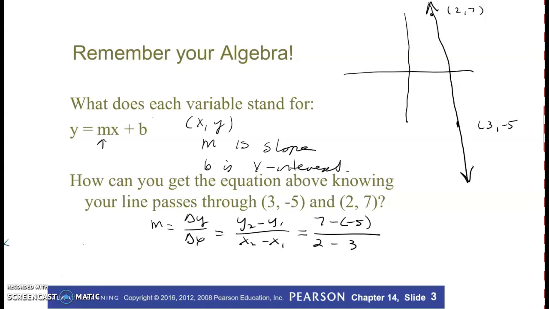So since I started with the 7, I need to start with the 2. If I decided to do -5 minus 7, then in the denominator, I would have to do 3 minus 2. Again, you just need that consistency. So 7 minus -5, 7 plus 5 is 12, and of course 2 minus 3 is -1. So our slope is -12.